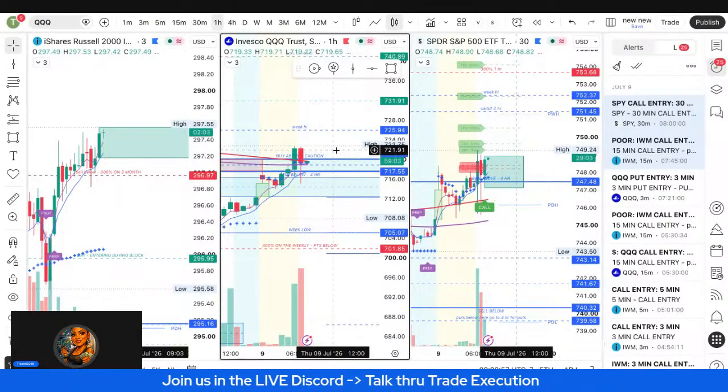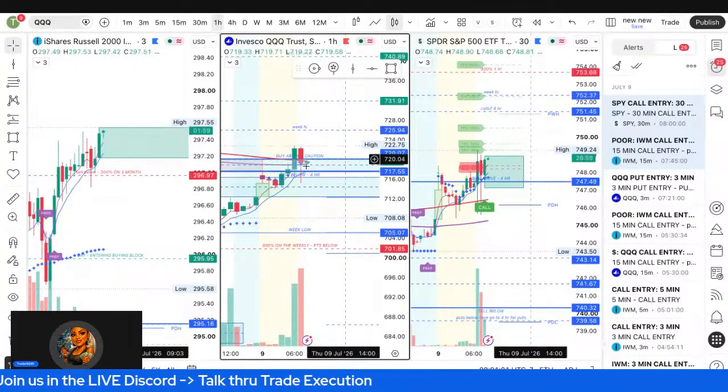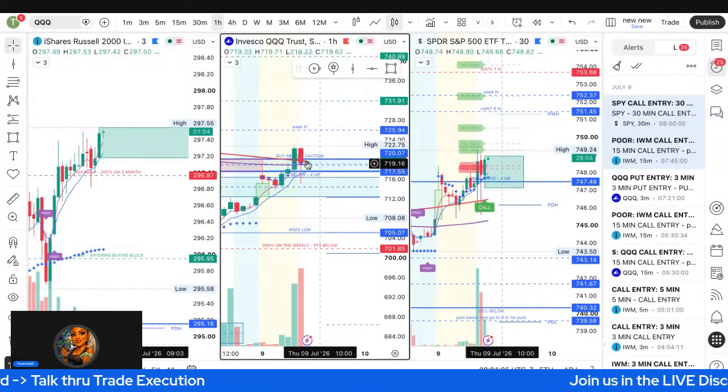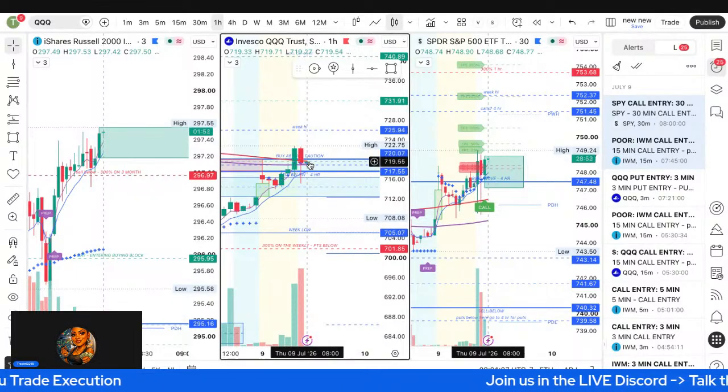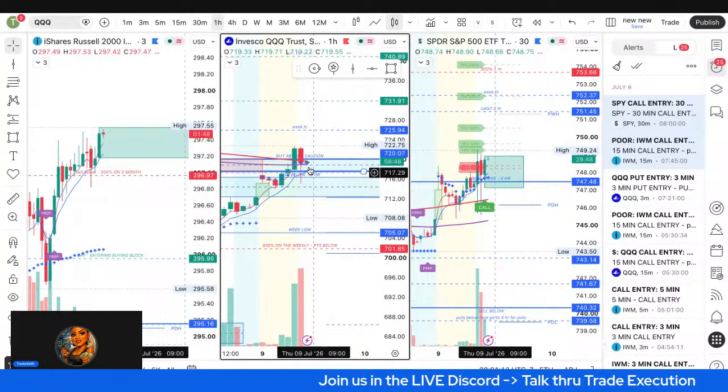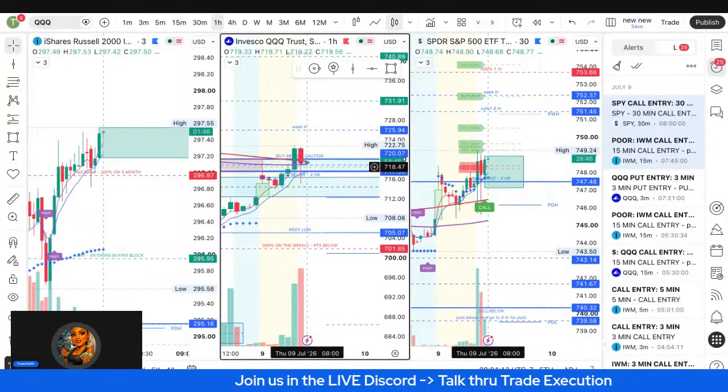Did we have the top of the hour? Yeah, we did. We did open above VWAP here on the 1 hour, so just slightly below the exponential 200 EMA and slightly above the 200 SMA.